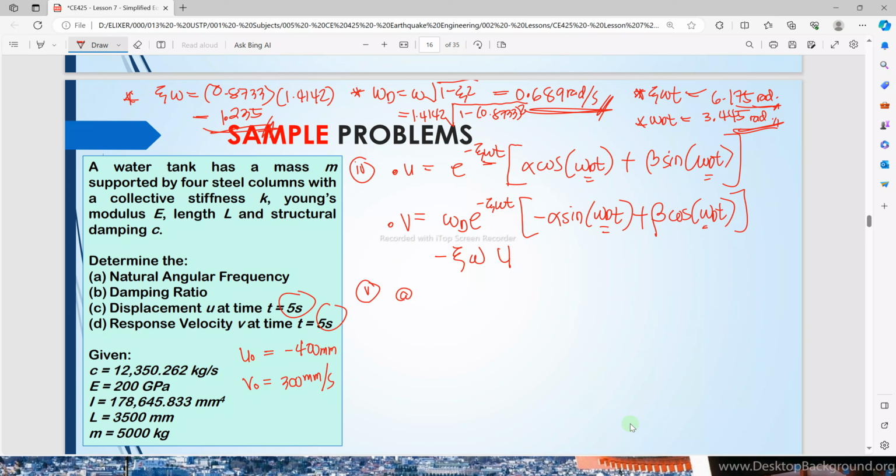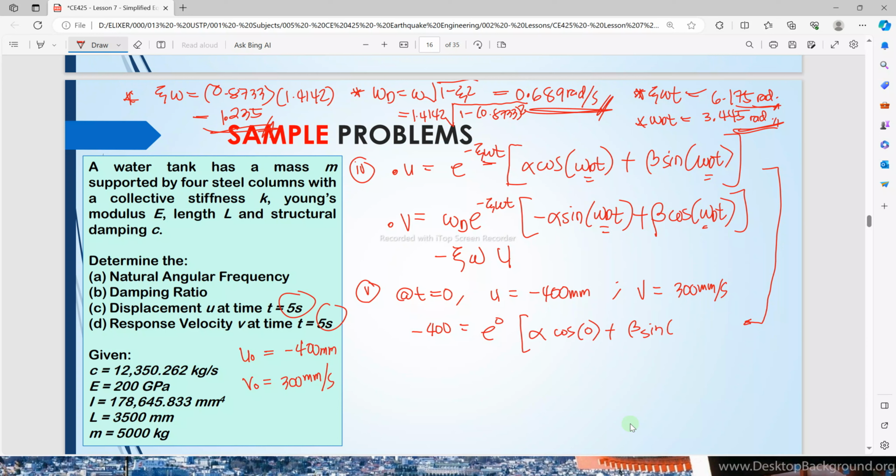initial conditions at time equal to 0. Our u is at negative 400 millimeters. And our v is equal to 300 millimeters per second. So this equation here will become, we have negative 400 is equal to e to the 0 times alpha cosine 0 plus beta sine 0.